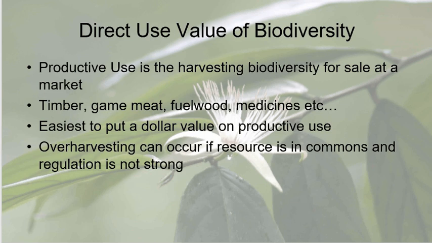So it's very important to be able to control your productive use. So that's what I mean when I mentioned in the previous slide that you must take a look at the transition from a consumptive use of biodiversity to that productive use of biodiversity. You're much less likely to over-harvest when you are using it consumptively than if you are using it productively.